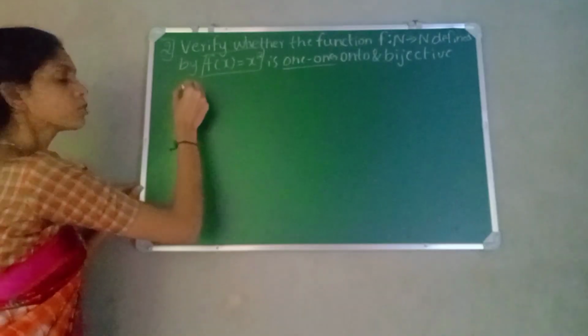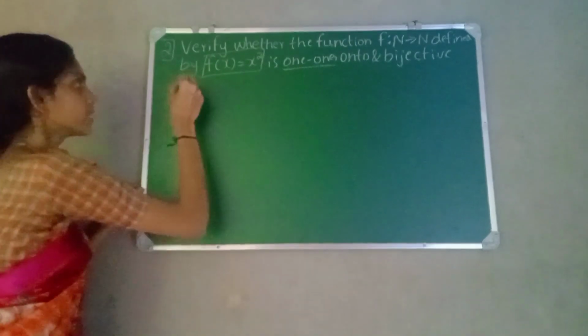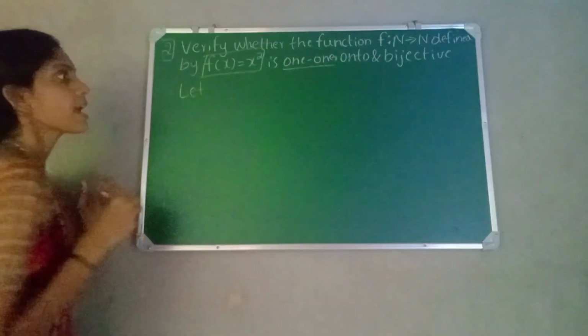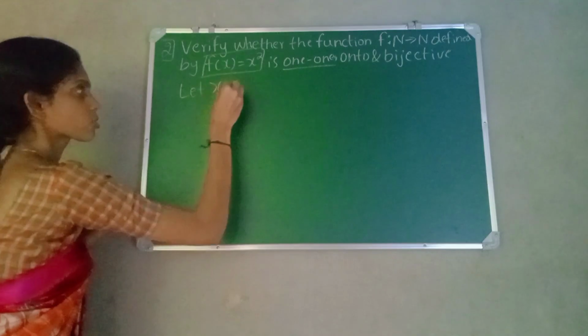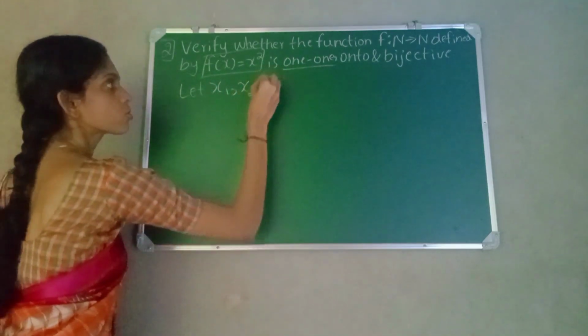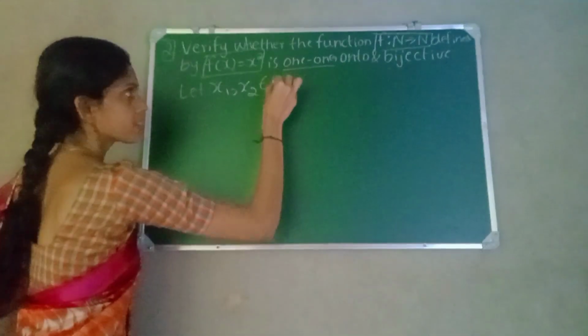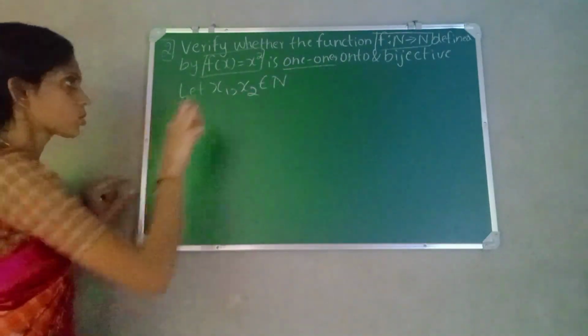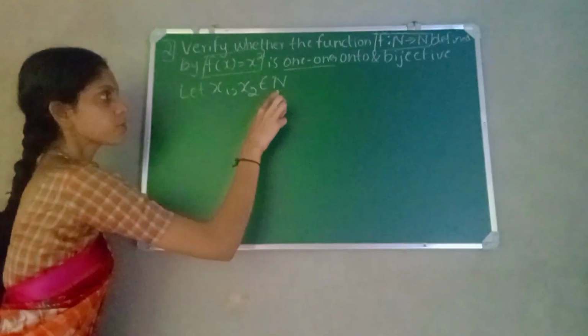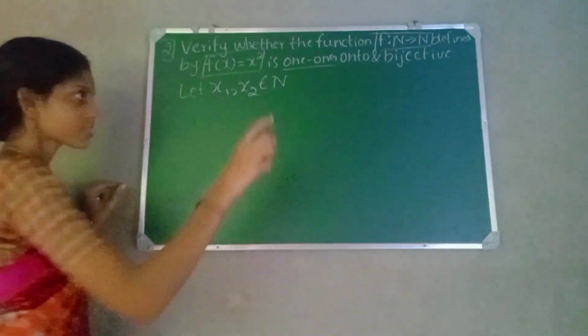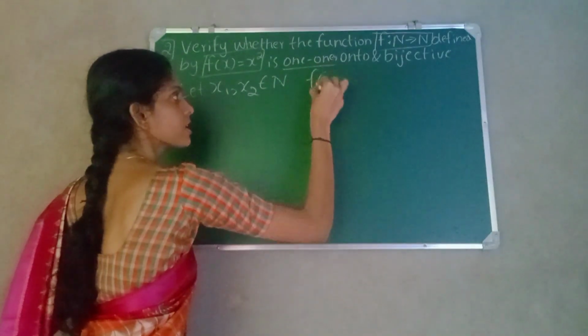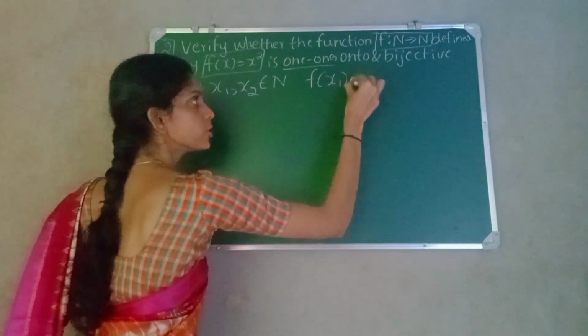So, general pattern: let x1, x2 belong to N such that f of x1 is equal to f of x2.